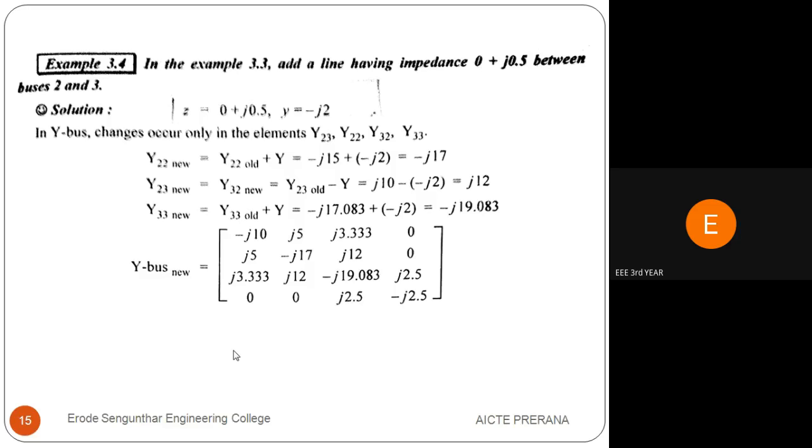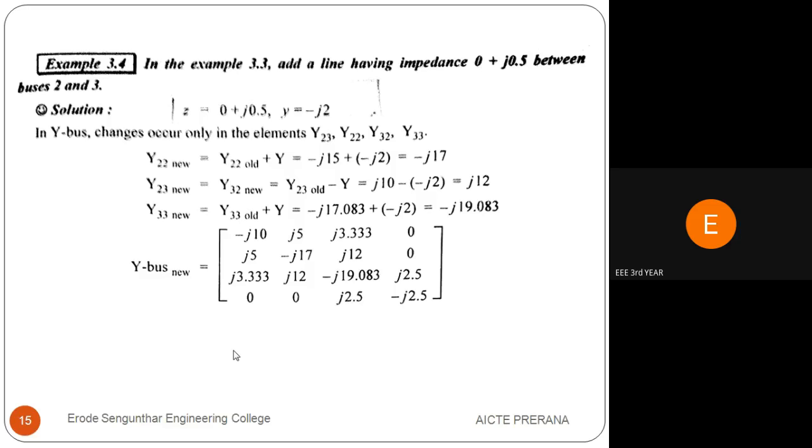Okay. Then go to the next element, that is Y33. The Y33 old is one of the diagonal values. It's added with that admittance. So the new Y33 is Y33 old plus Y. So the Y33 value is minus j17.08, that is taken from the previous sum, is added with minus j2.